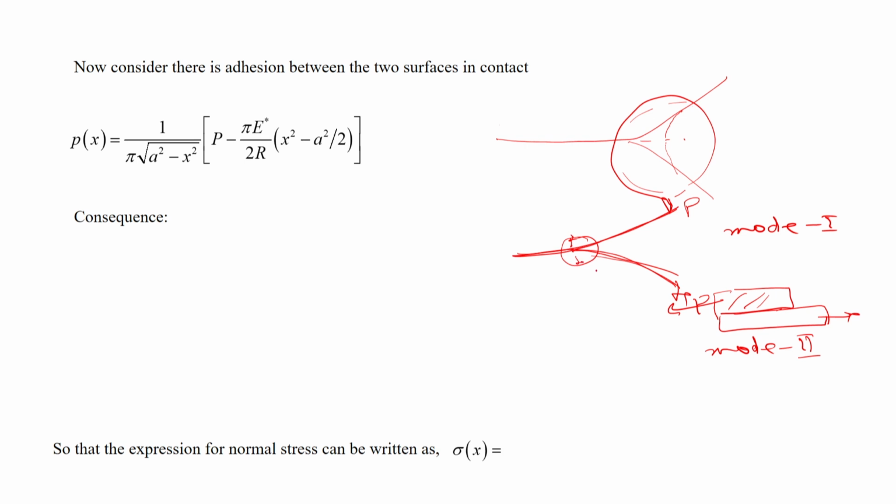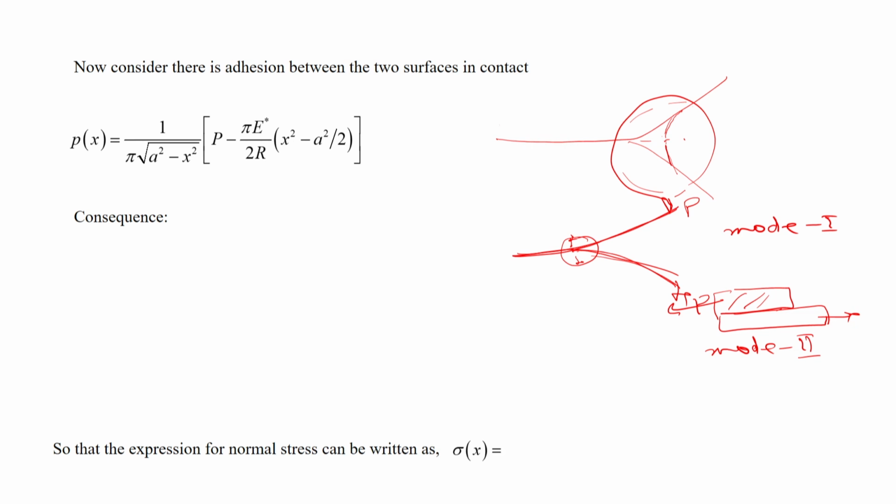Now when a crack develops and the radius of contact is close to 0, the stresses are actually infinite. We can write this expression in terms of stress, because it is compressive pressure, but when there is adhesion between them there is a pulling effect, and therefore a crack situation. So the stress will be maximum at the crack tip. Basically a stress singularity will be there.